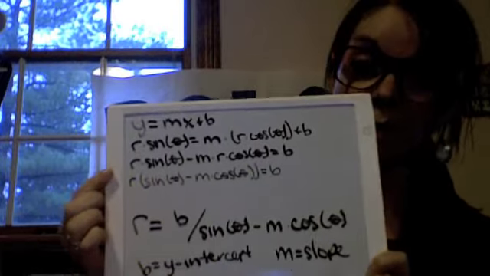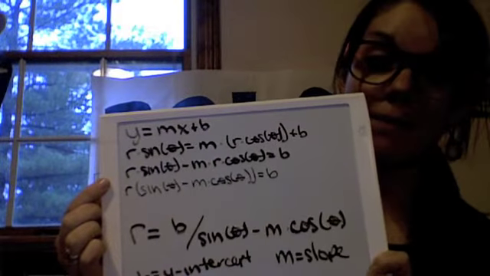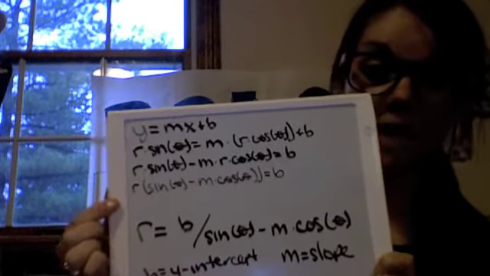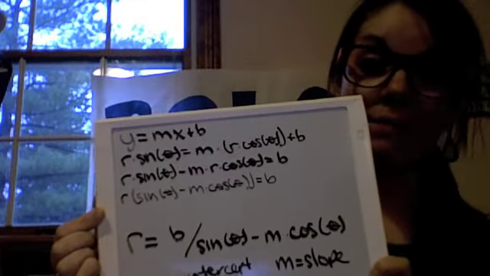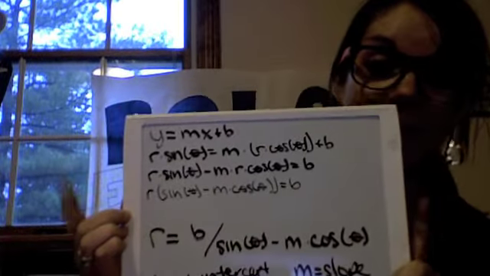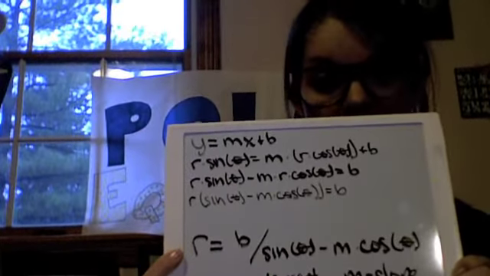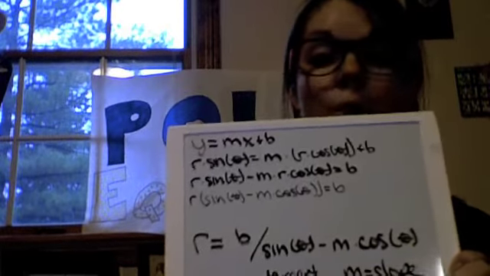So we move all the r's to one side to get r sine theta minus m times r cosine theta is b, and then we take out the r. So it's r times (sine theta minus m cosine theta) equals b, for a grand finale of r equals b over (sine theta minus m times cosine theta), where b is the y-intercept and m is the slope, just like in rectangular. Alright, so we're gonna check this out.